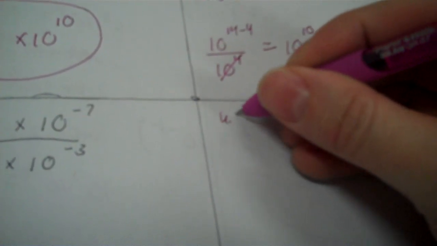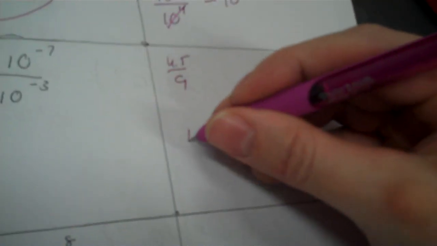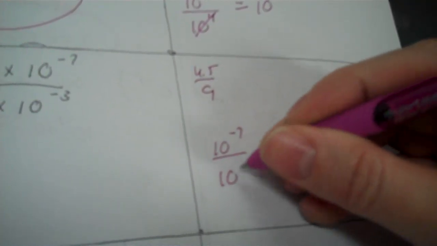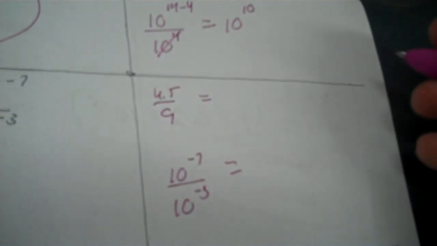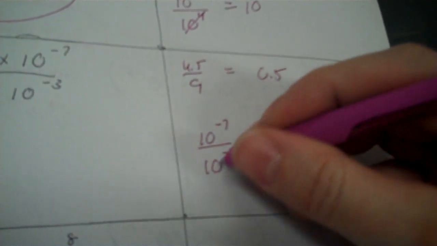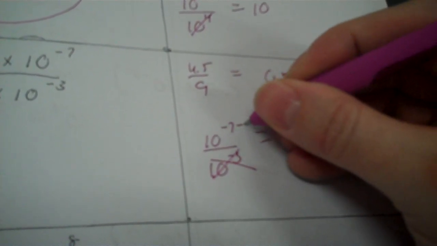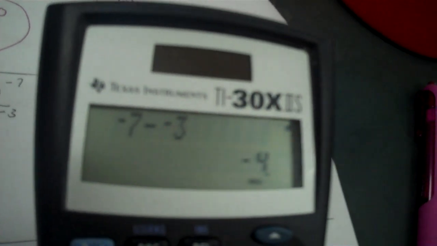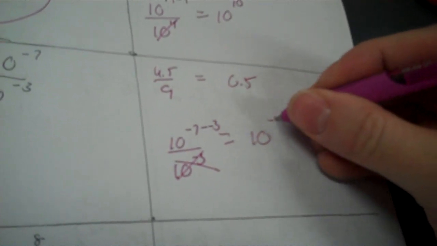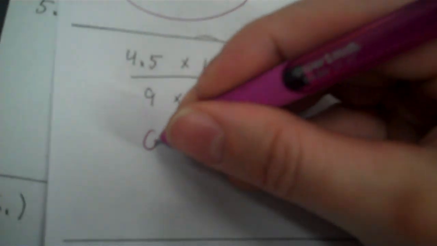Okay, now 4.5 divided by 9, and then 10 to the negative 7th divided by 10 to the negative 3rd. So I divide those, 0.5. Now remember, we get rid of the 10 on the bottom, and then minus negative 3 from the negative 7. Negative 4. Okay.